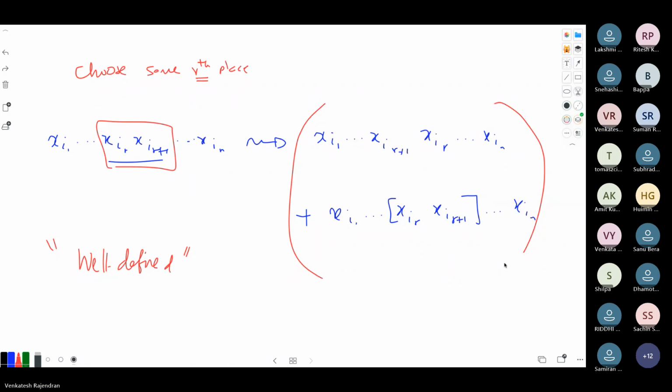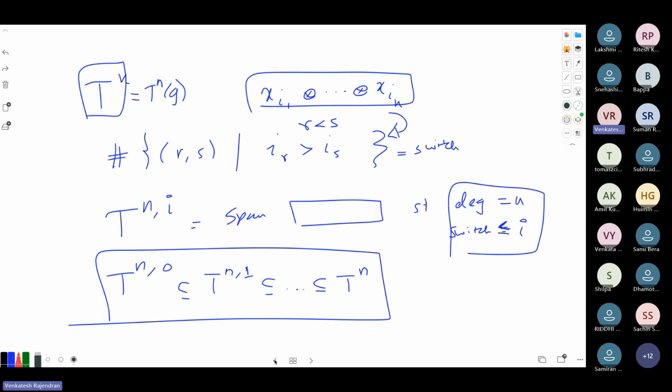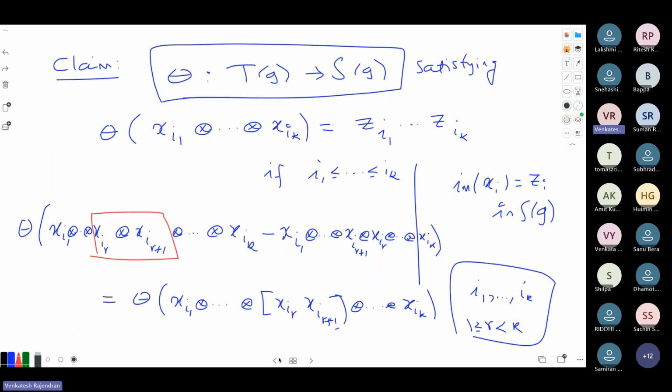That gives you the well-definedness, and that would define the map. Once you have defined the map, you can go back to the definition and see that this condition tells you the kernel of theta will contain the ideal that defines UG. So that means this defines a map from UG to SG.